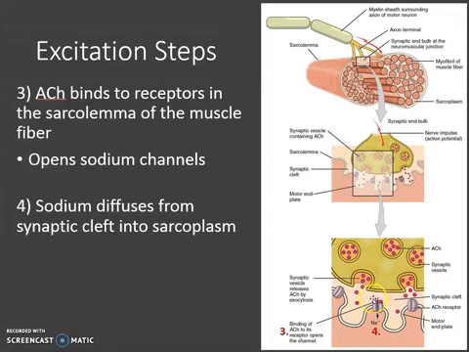So the acetylcholine, the neurotransmitter, which is this pink dot here, binds to a receptor on the sodium channels. When that neurotransmitter binds, it opens up the sodium channel, and sodium diffuses from the synaptic cleft into the sarcoplasm of the skeletal muscle cell.